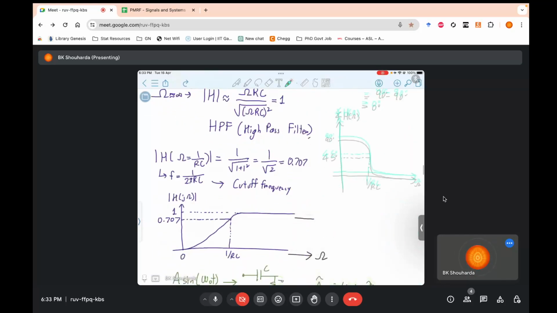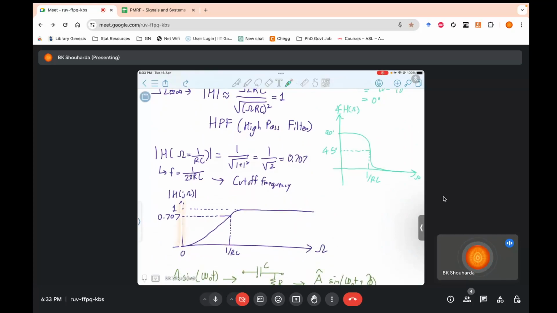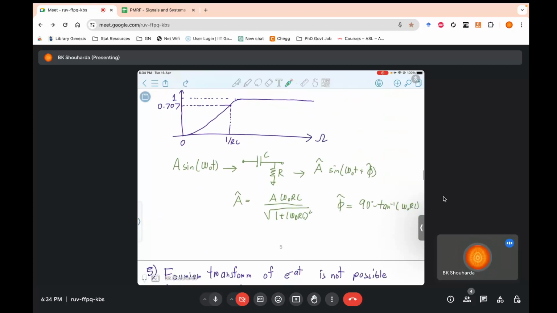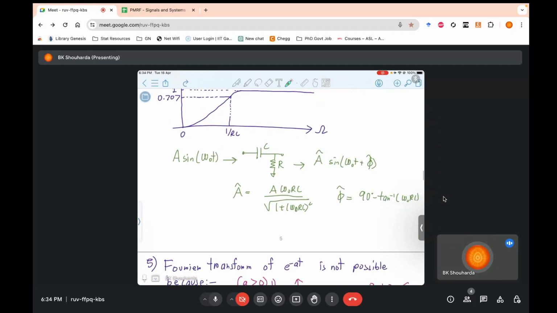If I plot the transfer function against frequency, this is called the frequency response. For higher frequencies, this system passes high frequency signals, and this circuit does not pass low frequency signals. So this is called a high pass filter.